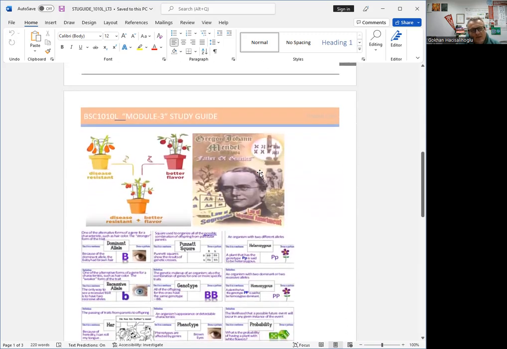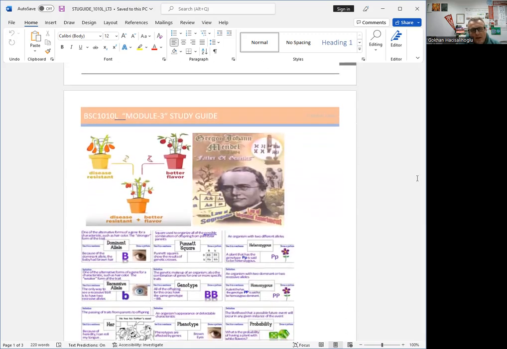It all starts with Gregor Mendel in the 1850s and his experiments with garden pea plants. He crossed them with two different flower colors, looked at the F1, crossed again, and looked at the F2, and he came up with what we know as Mendelian genetics today.